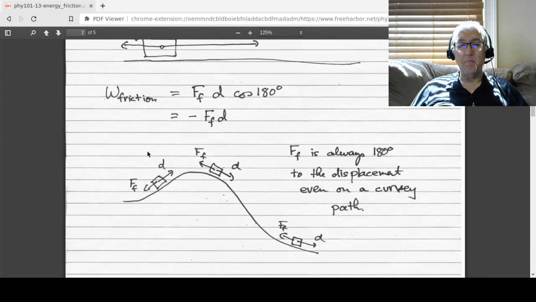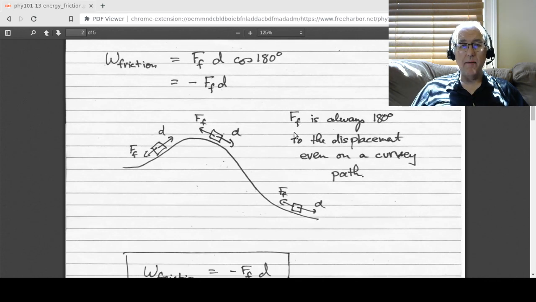All right, now here we go. Since the force of friction is always 180 degrees to the displacement at every point in the path, you could just say, I'm just going to add up my minus ff times little delta d's all the way along here. In this diagram I'm trying to show you that the displacement is up, but the force of friction is 180 degrees back, displacement this way, 180 degrees back, and so on.